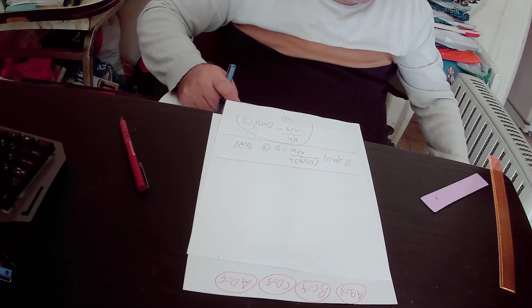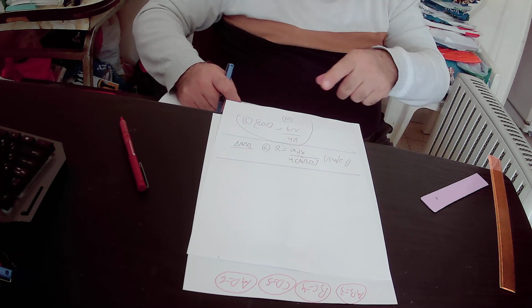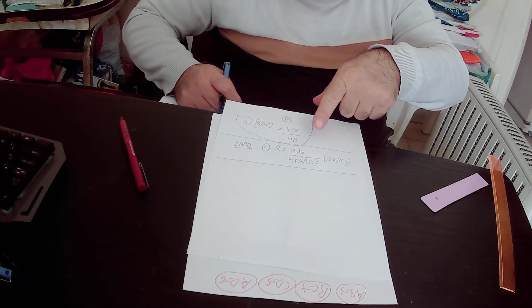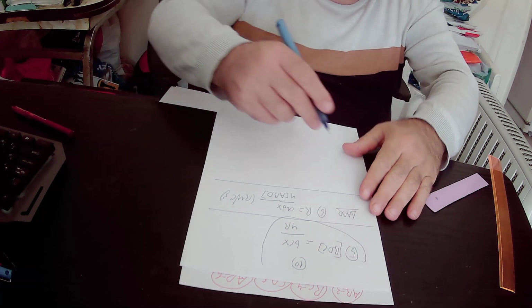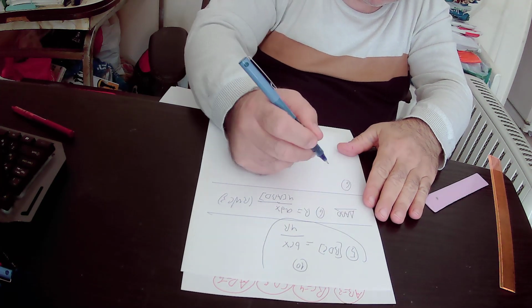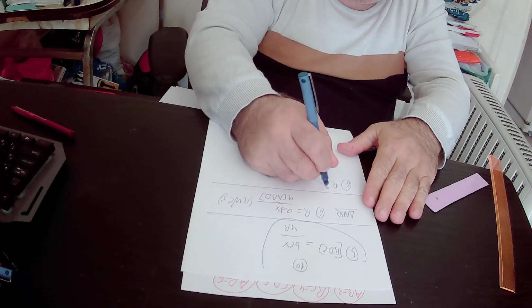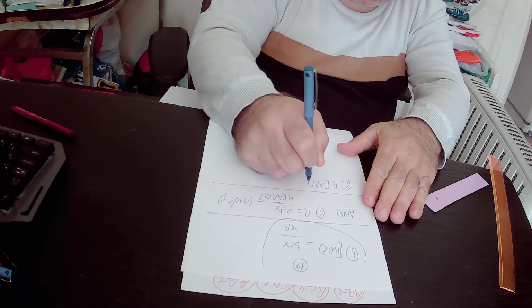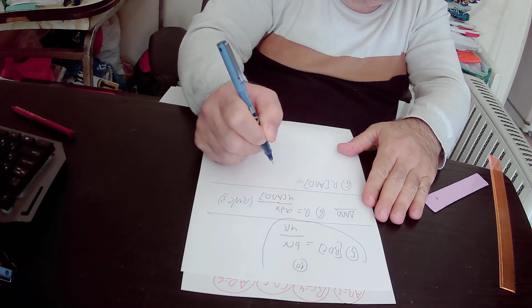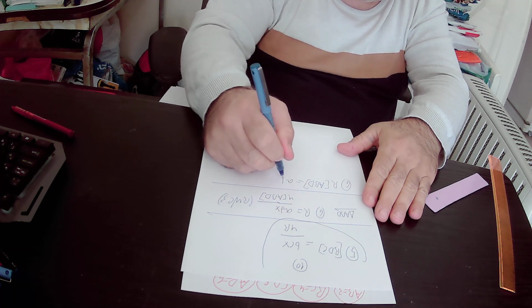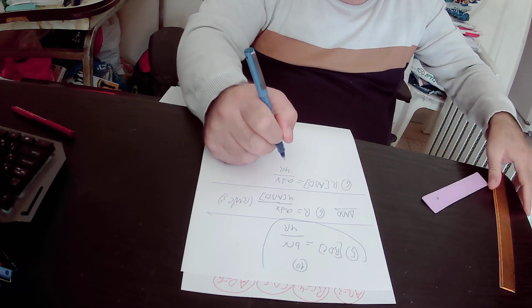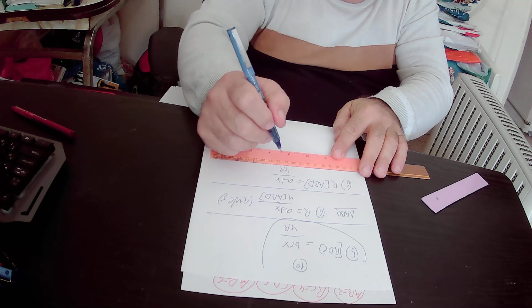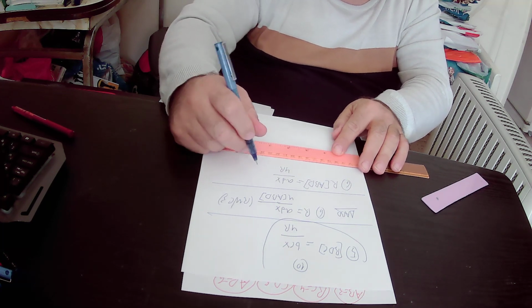So we will multiply equation number 6 by the area of triangle ABD, and we will get that R times the area of triangle ABD equals ADX over 4.